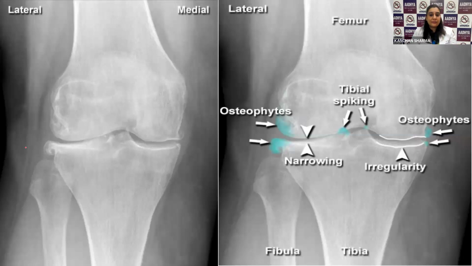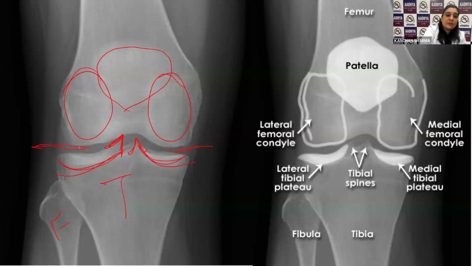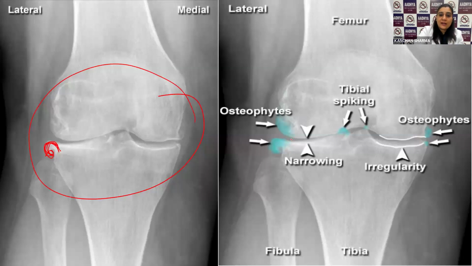Now, what if you are having a problem? Then it starts looking like this. Okay. Now you see what you are seeing here. They are the projections from this bone itself. So they are osteophytes. And how beautiful this joint line we have seen. Now you go to this, it has started becoming narrow. Okay.